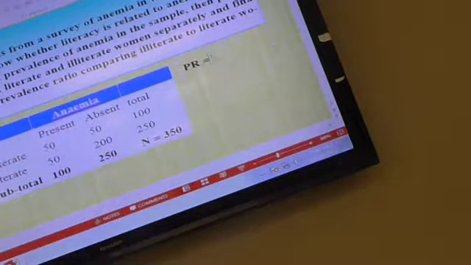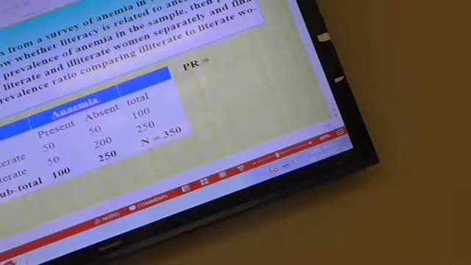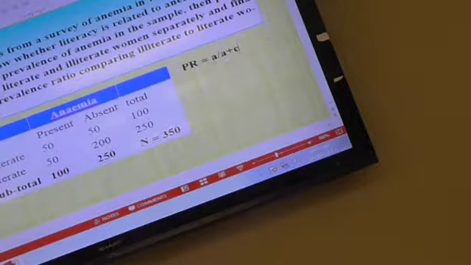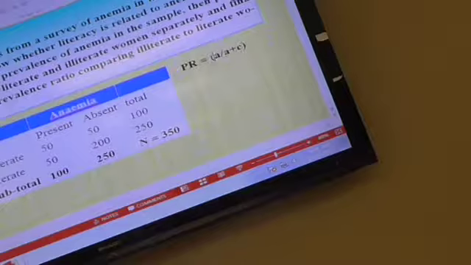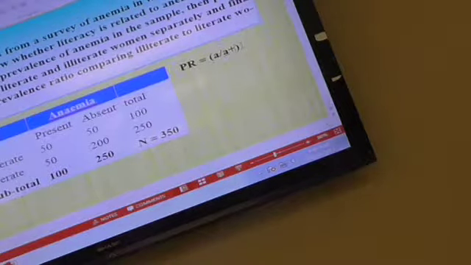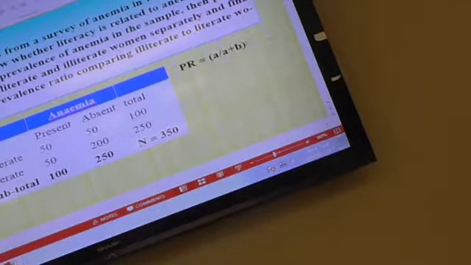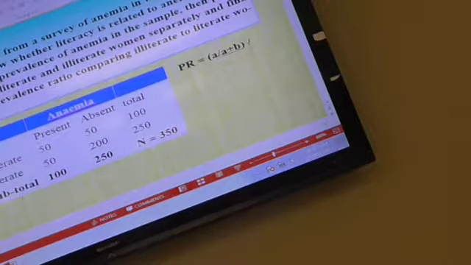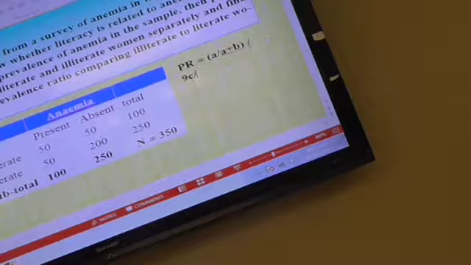So the prevalence ratio, as I said, the formula is A over A plus B, the prevalence in the exposed, which is the illiterate group, divided by C over C plus D.